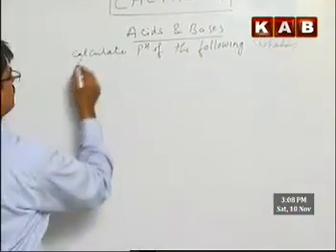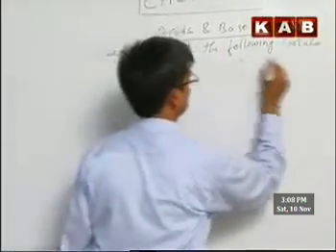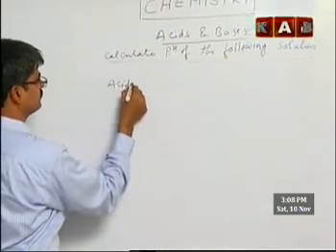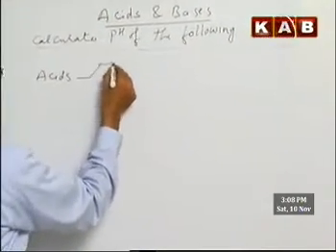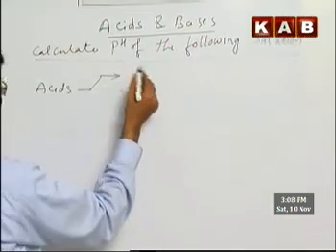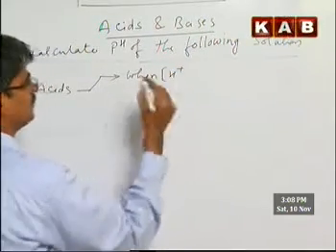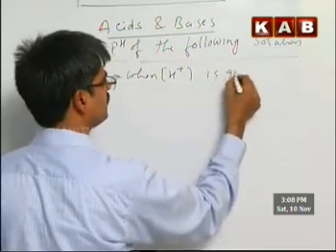Now here the first category we are taking, in the acids we have two cases now. They may give us directly the concentration of H plus, that is when hydrogen ion concentration is given. That is one case.